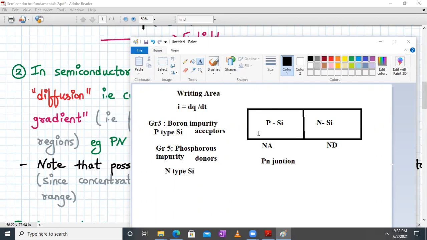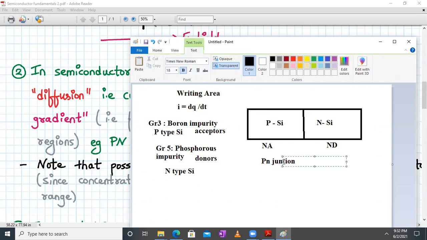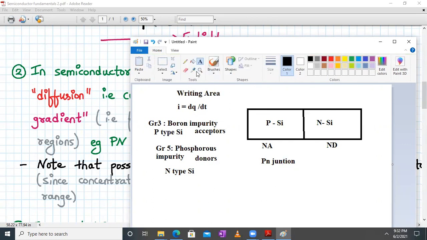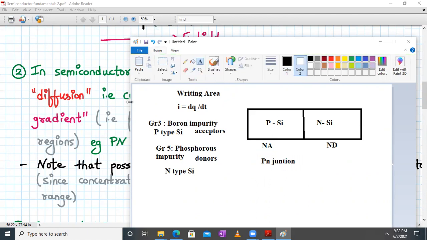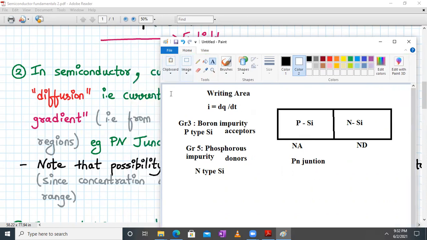So the possibility of diffusion in the PN junction is very, very high. Let me just rub this out.